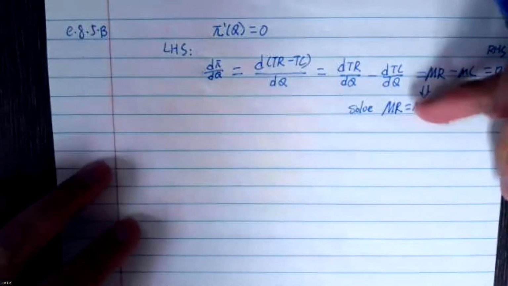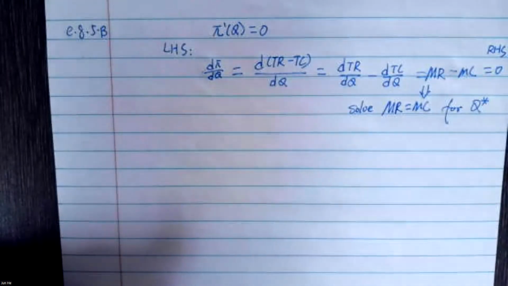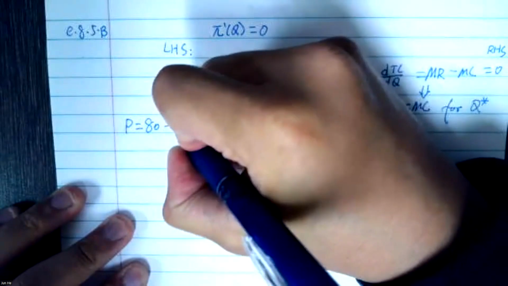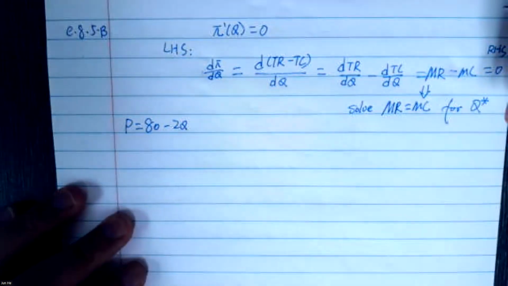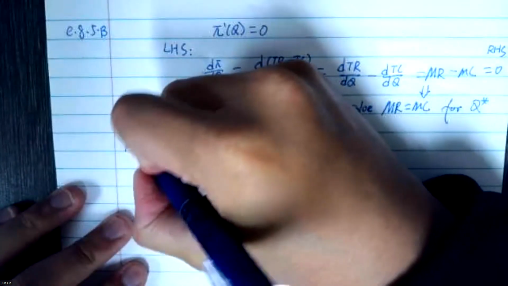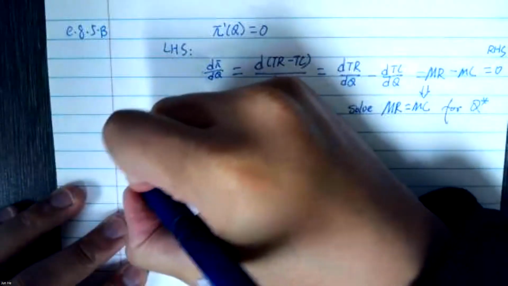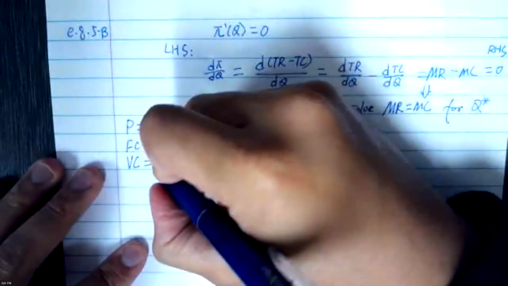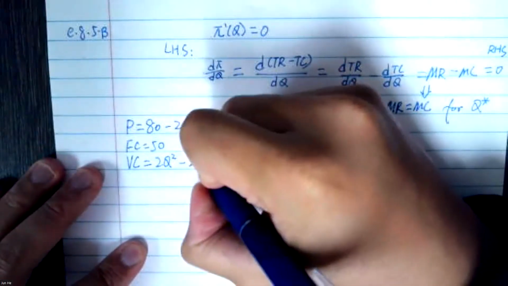Okay, so let's look at the problem. Again, the problem is P equals 80 minus 2Q. FC is 50. VC, variable cost, is 2Q squared minus 20Q.